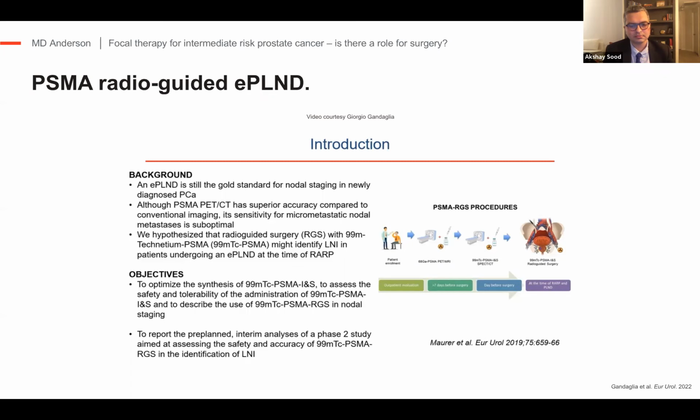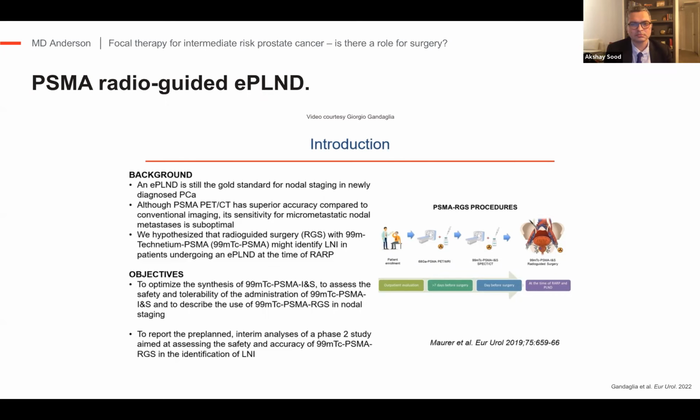We hypothesized that radioguided surgery with 99m technetium PSMA might identify lymph node invasion in patients undergoing an extended pelvic lymph node dissection at the time of robotic-assisted radical prostatectomy.